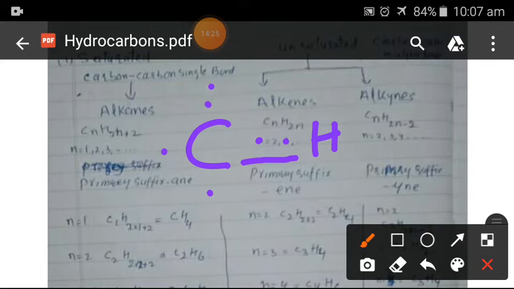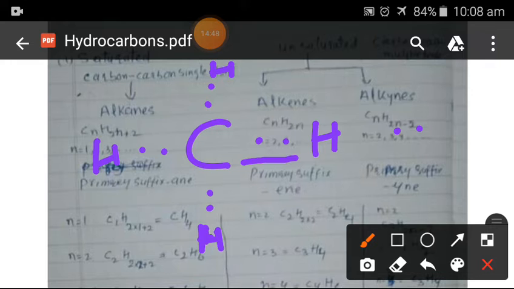Similarly another hydrogen will come, and it forms a covalent bond by mutual sharing. The third hydrogen will come and form a covalent bond by mutual sharing. The fourth hydrogen will also undergo mutual sharing with this carbon, and it forms a covalent bond. Clear? So it means that the bond is formed by 2 electrons.